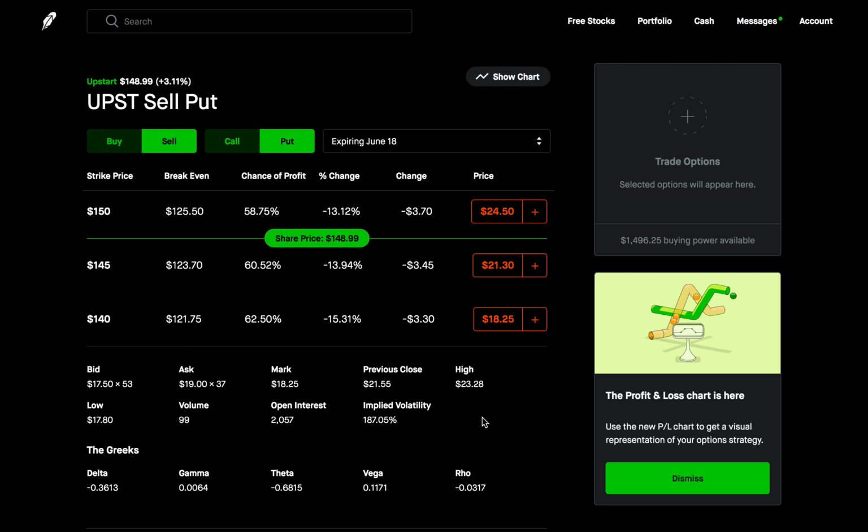Now, a couple of important things then to consider here. If you find options that have very high premiums due to high implied volatility, understand that there is a reason for this. So you should always look at the news. It could be due to earnings announcements coming up.